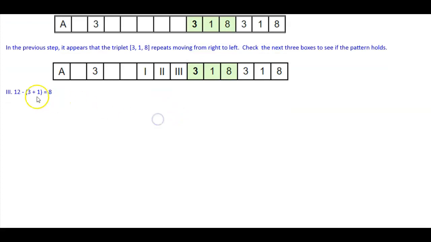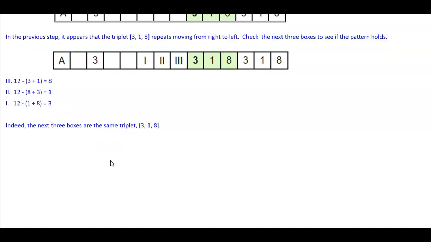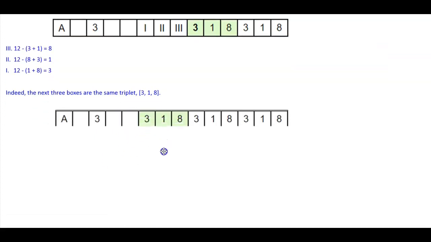If we take 12 minus 3 plus 1, again, 12 minus 4 gives us 8. And then 12 minus 8 plus 3, 12 minus 11 gives us 1. And then 12 minus 1 plus 8 equals 3. And therefore, indeed, the next three boxes are the same triplet 3, 1, 8. And there is our next three numbers.